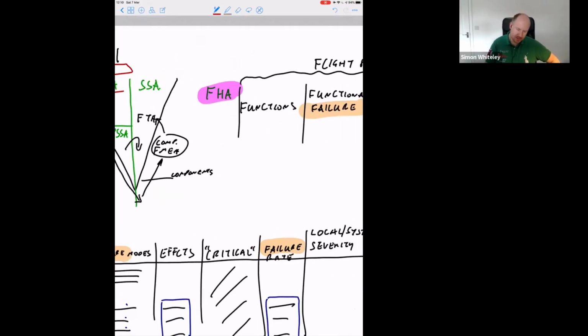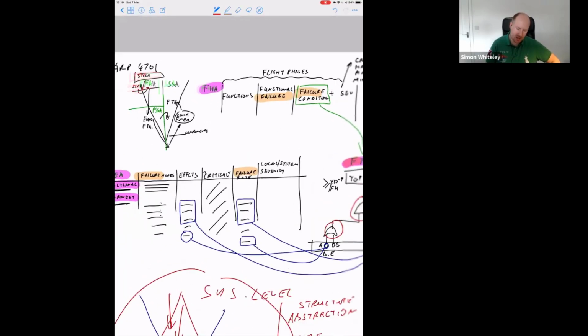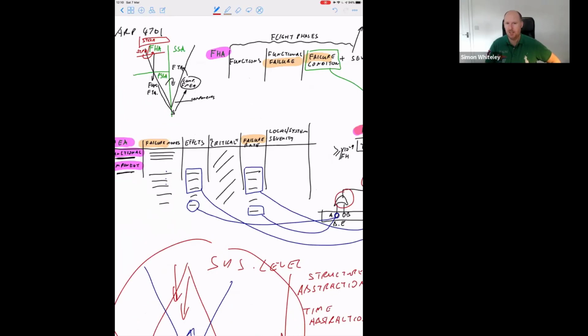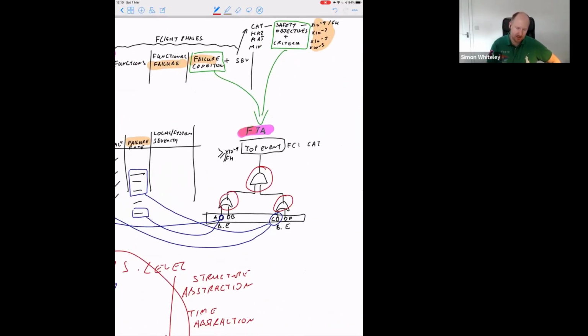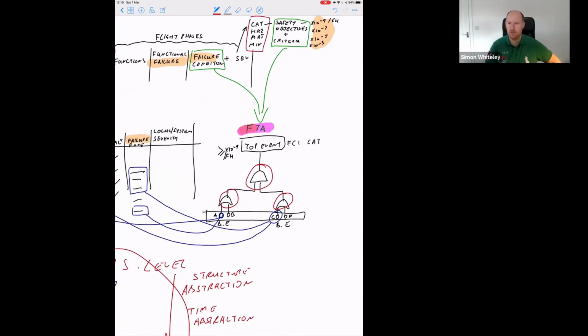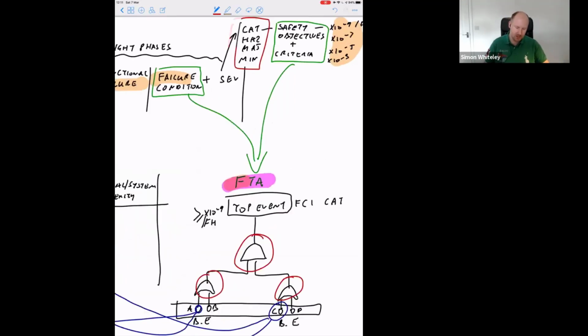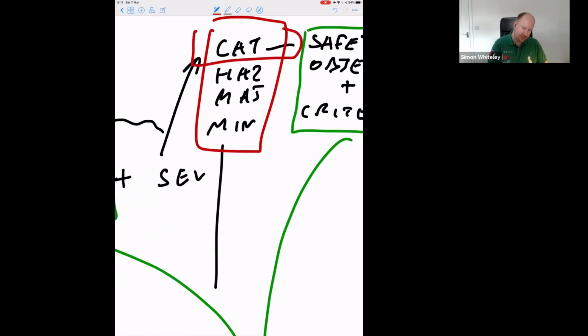The only thing that supplements FHA over and above STPA is the spectrum of outcomes. So in STPA, you're very much focused on the worst case. So what are the losses? What are the hazards? Death and destruction. So it would only really focus on catastrophic, whereas it's important to also think about less severe scenarios.